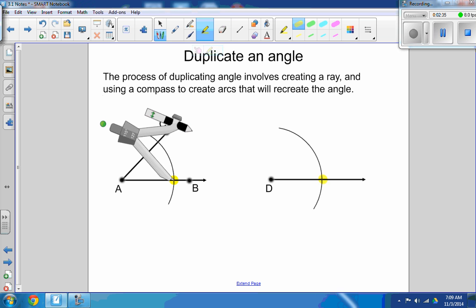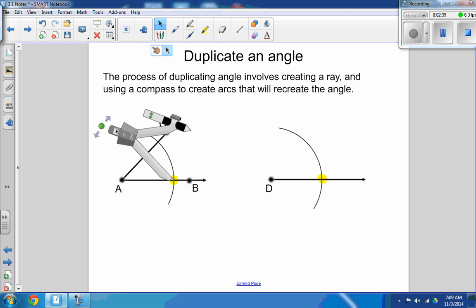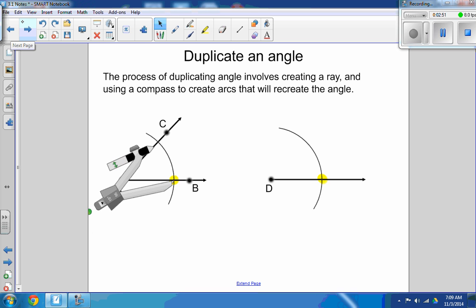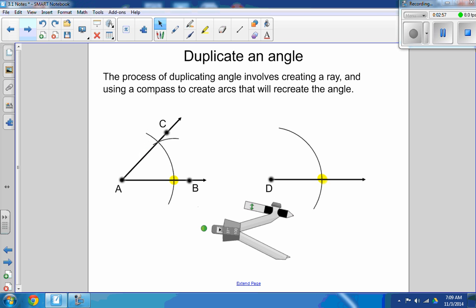So I'm going to do that over on this side as well. Take my point of rotation, and I'm going to get my compass to be the same length, so that it intersects right there, where the angle and my first arc intercepted.